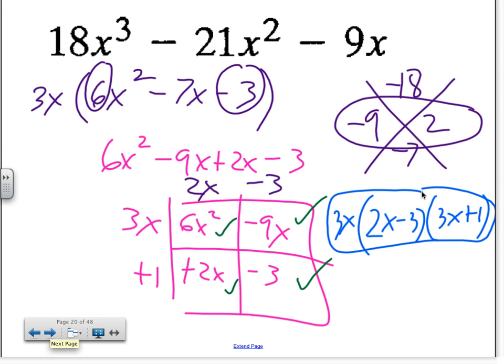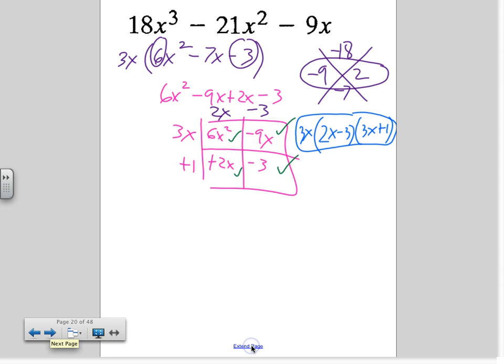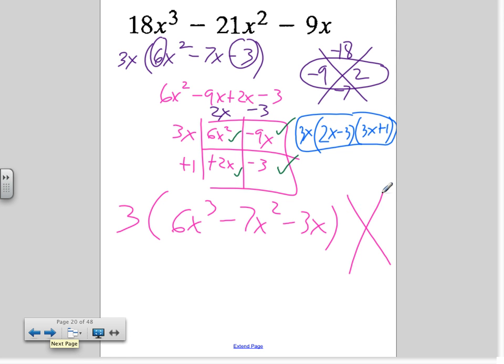So for those of you who said, what if I don't take out the x? Let's use that case. If you don't take out the x, what happens? You'll see this: 6x cubed minus 7x squared minus 3x. Is that correct? Yes, if you don't take out the x. And then you try to find your numbers using the x method, you're still going to get the same result, negative 9 and 2.